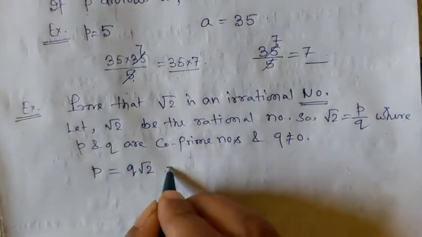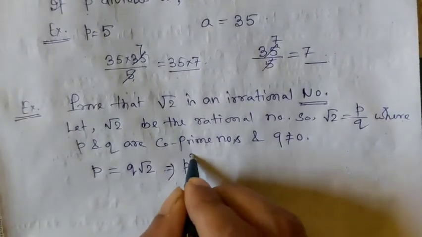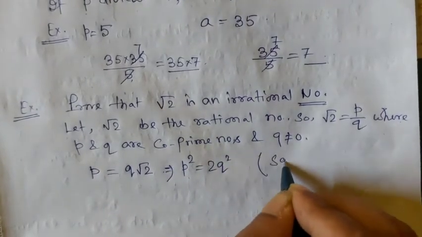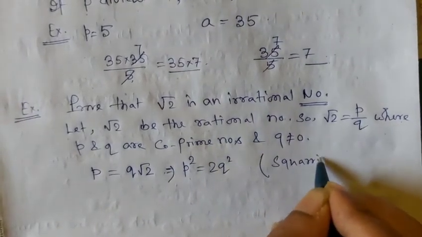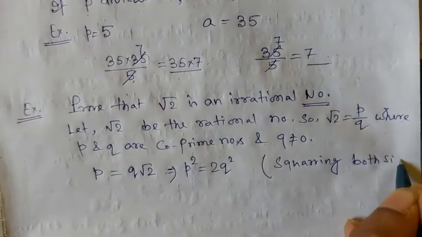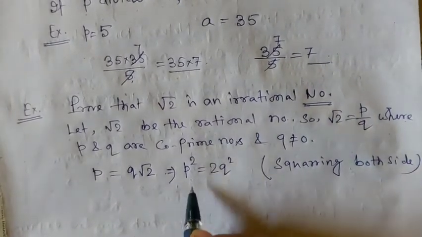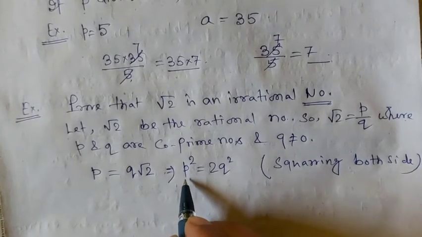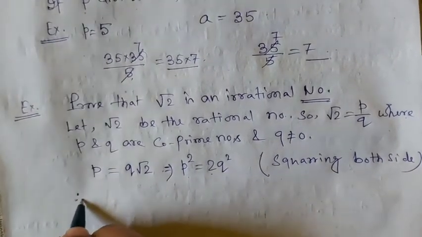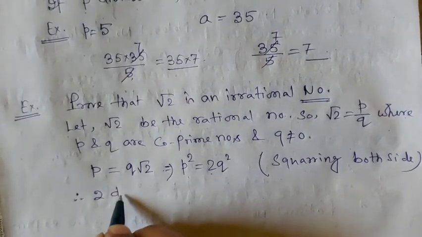By squaring both sides, we can say that p square is equal to 2q square. So p square equal to 2q square means we can say that p square is divisible by 2. That means 2 divides p square.